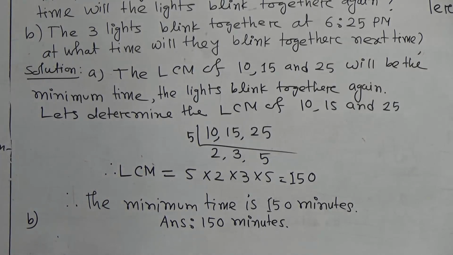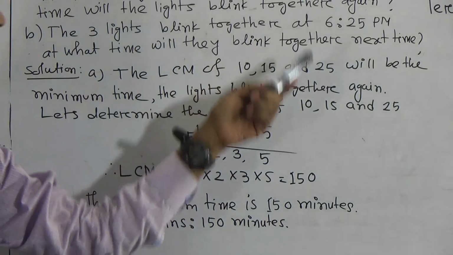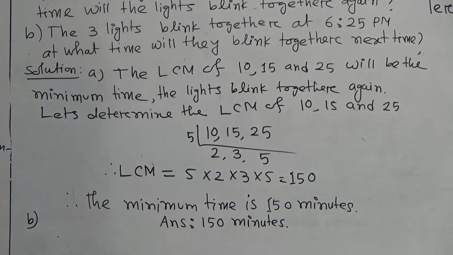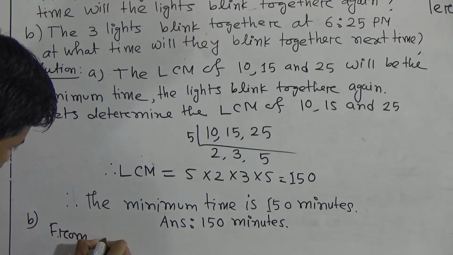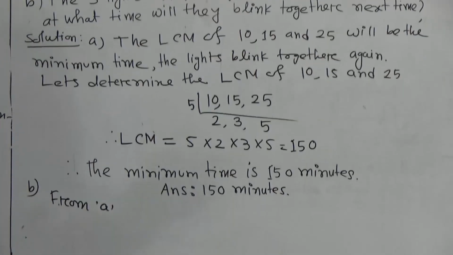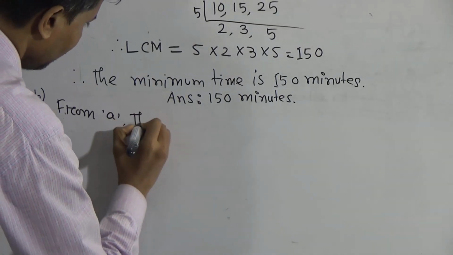Now I will solve question number B. Look, the three lights blink together at 6:25. At what time will they blink together next time? Okay, from A, what do you get from A?